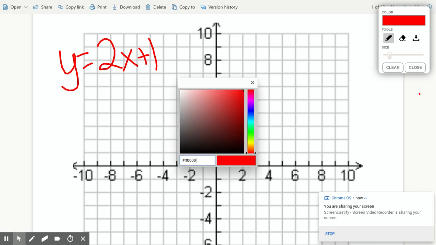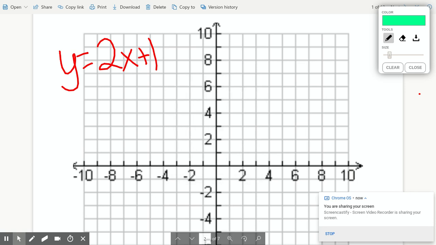So my starting value is right here. That means you start at 1 on the y-axis. So you put a little dot there at 1.